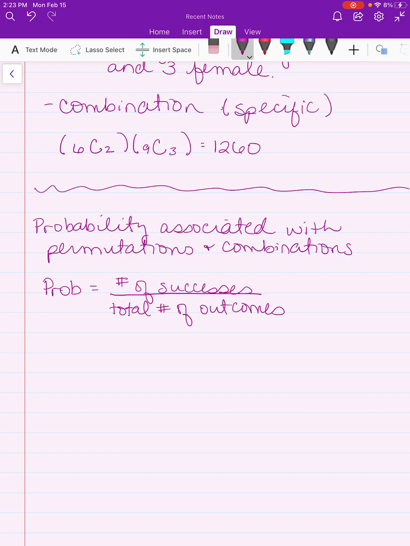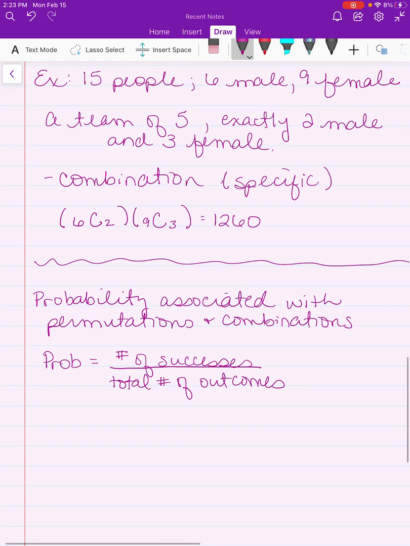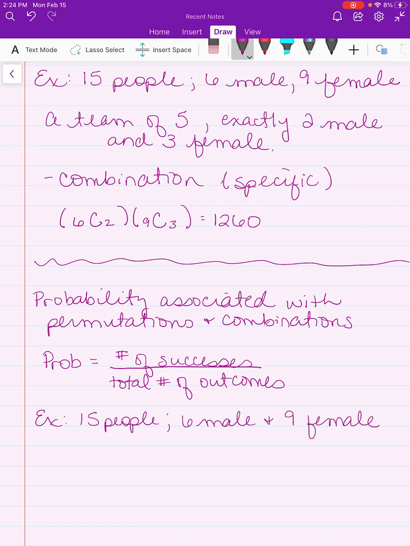So if I wanted to go back to my same example up here and say I have 15 people, 6 male and 9 female. I want a team of 5.